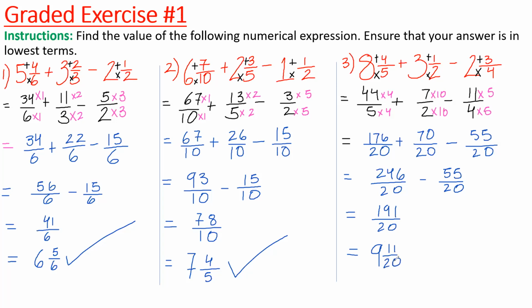All right. Did anyone else get 9 and 11 over 20? Yes, sir. 9 and 11 over 20 is correct. Let me know if you got all right. Anyone got one wrong?